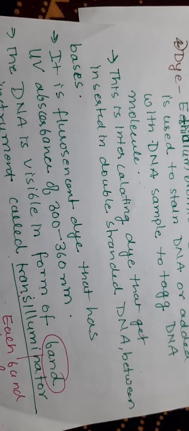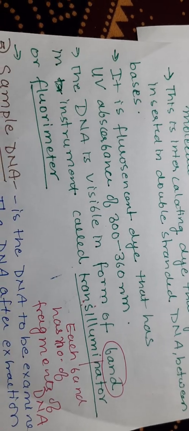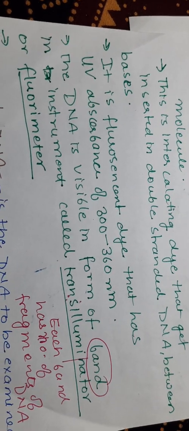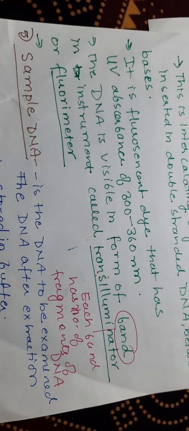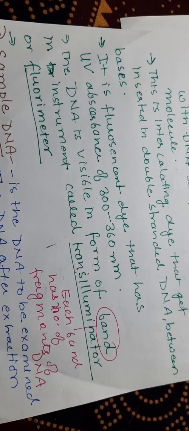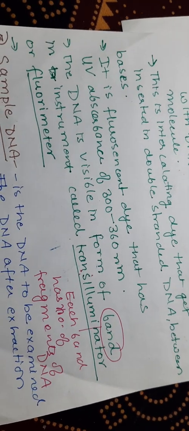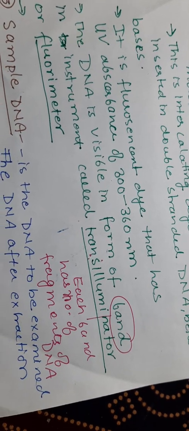This is an intercalating dye and gets inserted in the double stranded DNA between the bases. It is a fluorescent dye that has UV absorbance of 300 to 360 nanometers, and the DNA is visible in the form of bands. The instrument used to make it visible is called a transilluminator or fluorimeter.